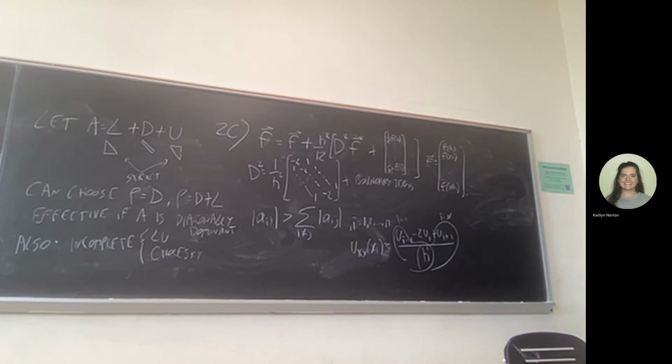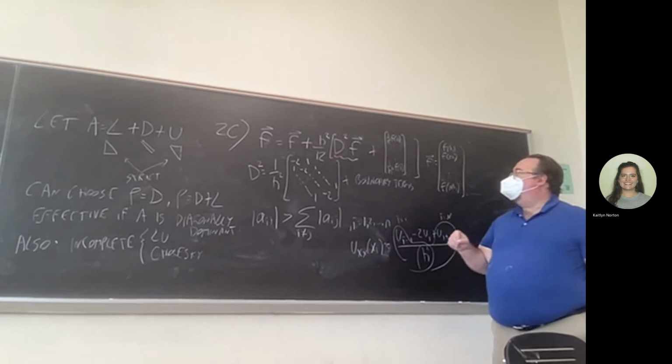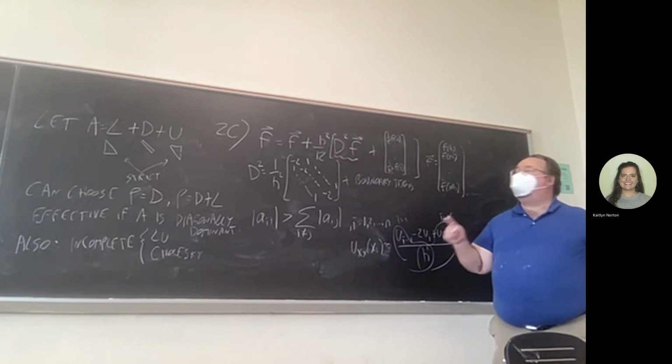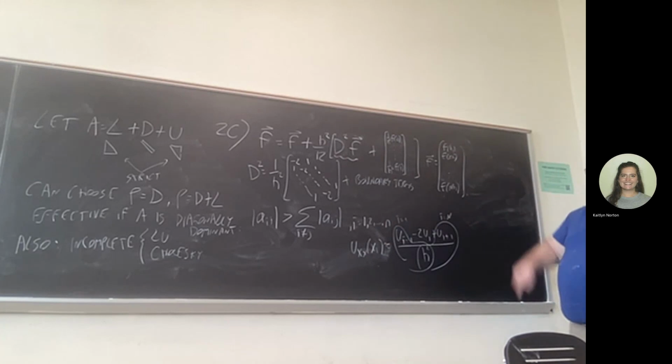Oh yeah. So you compute this vector, and then you add this vector to it, or you can just modify the first and last elements of that vector to include those two terms. So that was what I did.